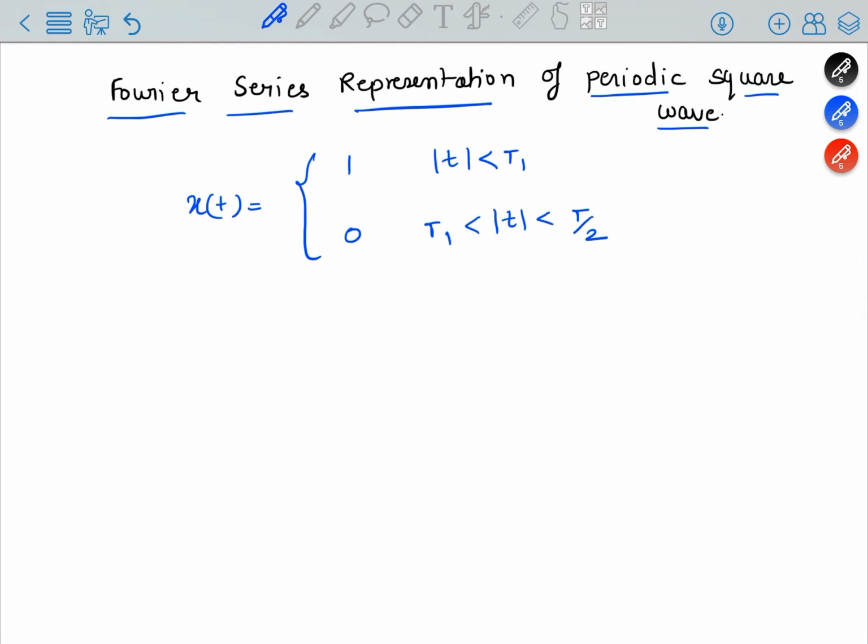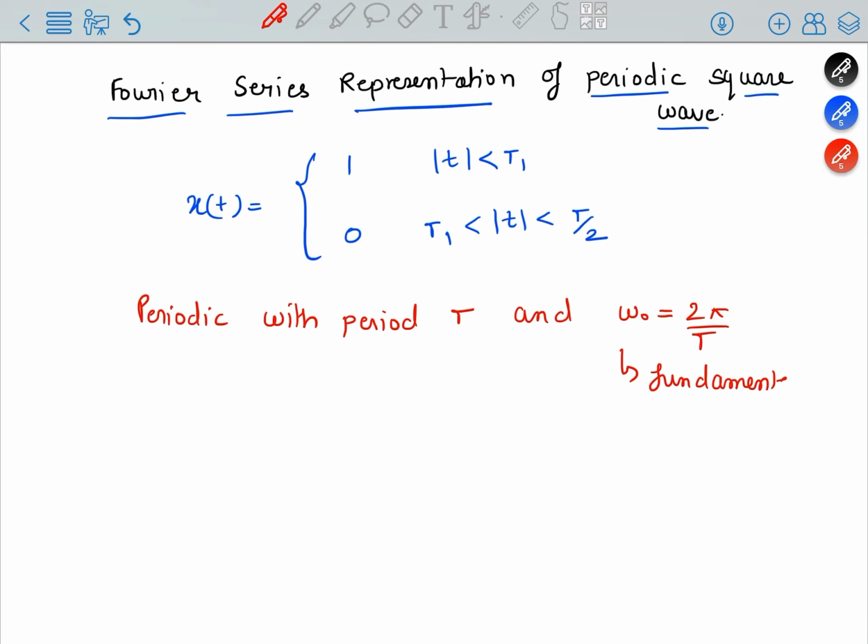And this signal is periodic with period T, and the fundamental frequency will be omega naught equal to 2 pi by T. So this is your fundamental frequency.